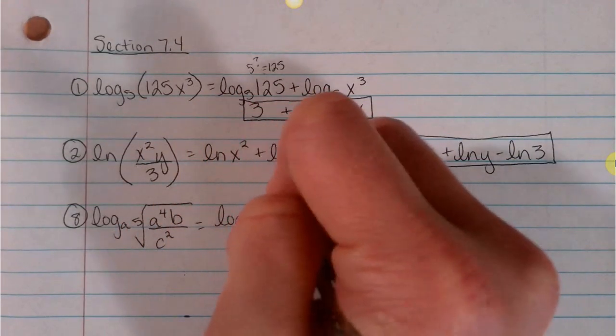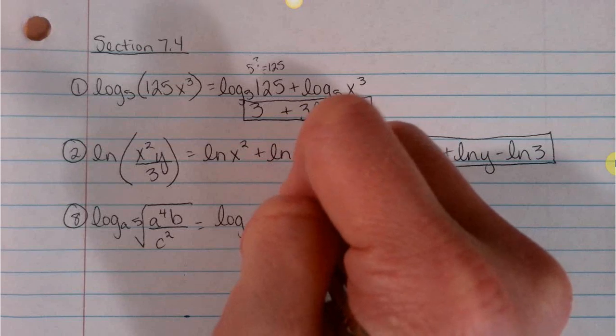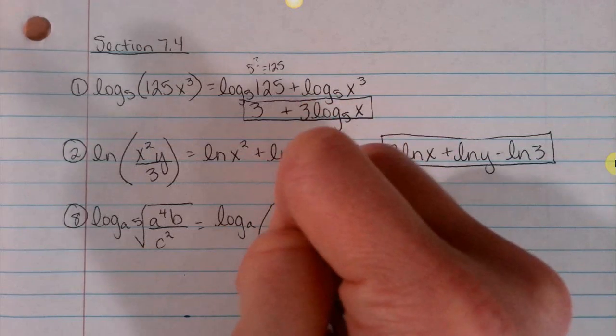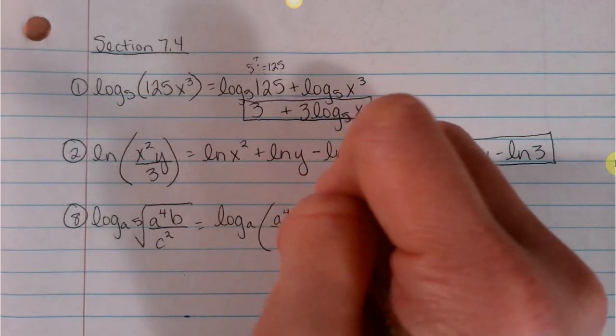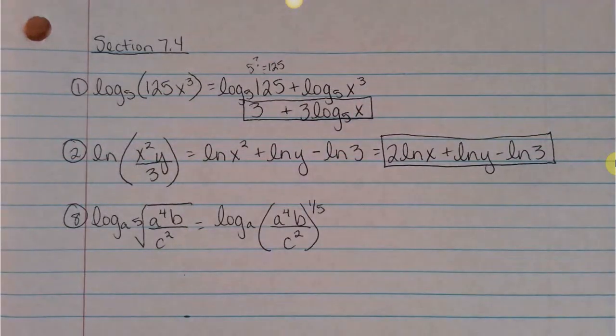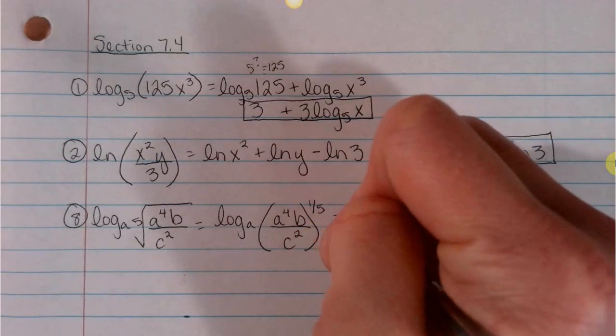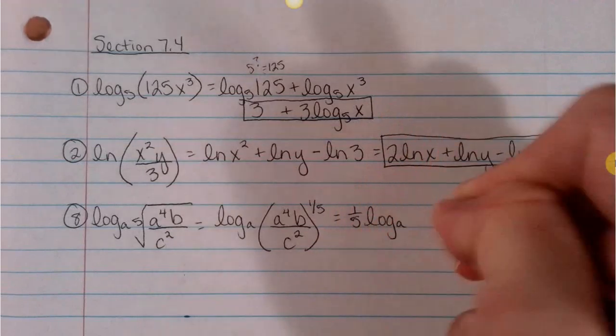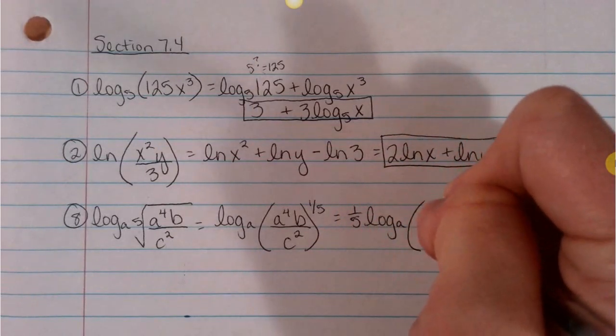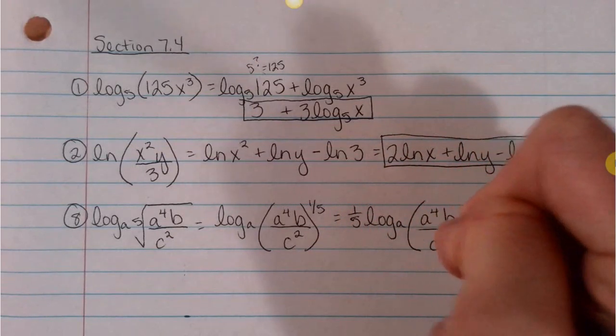So all of this is the same as log base a of a to the 4th b over c squared, raised to the 1/5 power. And then because I have that exponent of 1/5 inside of a logarithm, I can pull it down in front as a multiplication. So it would be 1/5 times the log base a of a to the 4th b over c squared.